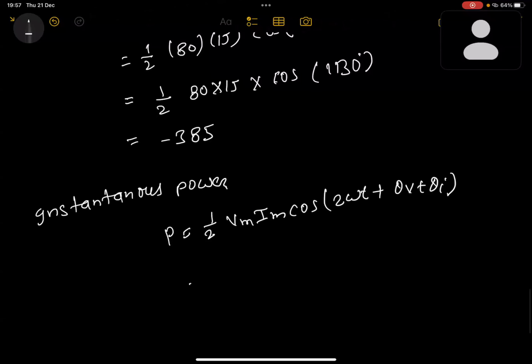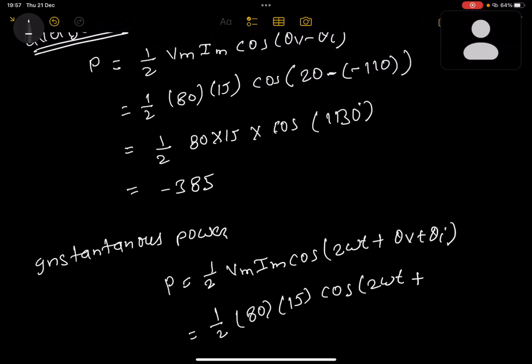Putting the values: 1 by 2, 80, 15, cos(2 omega t plus theta v plus theta i). Theta v is 20, theta i is minus 110.